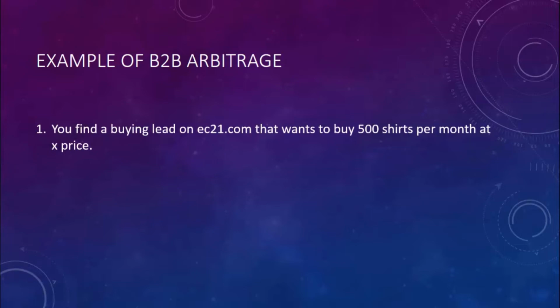For example, you find a buying lead on a business to business online marketplace like ec21.com, which is a Korean online business to business marketplace, and you find here a buying lead that wants, for example, to buy 500 shirts per month at X price.